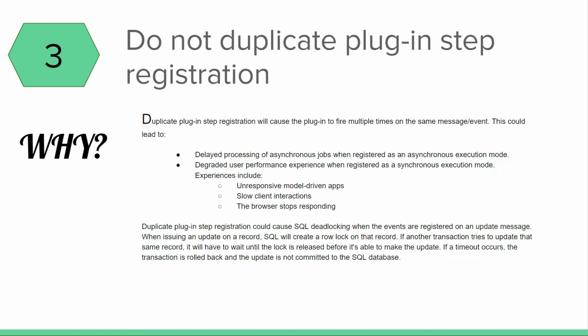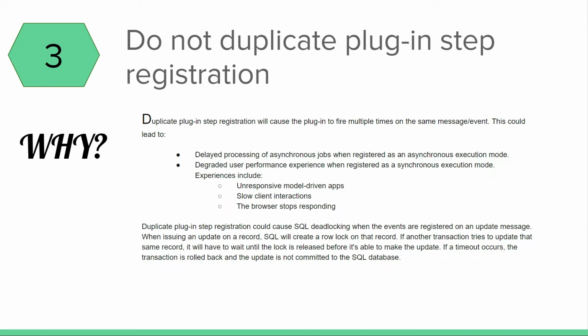What will happen then? If you have created duplicate steps for a plugin, it will delay processing of asynchronous jobs, right? If you have registered any asynchronous process or plugin, then the execution will be delayed, and it also degrades user performance because it runs multiple times.